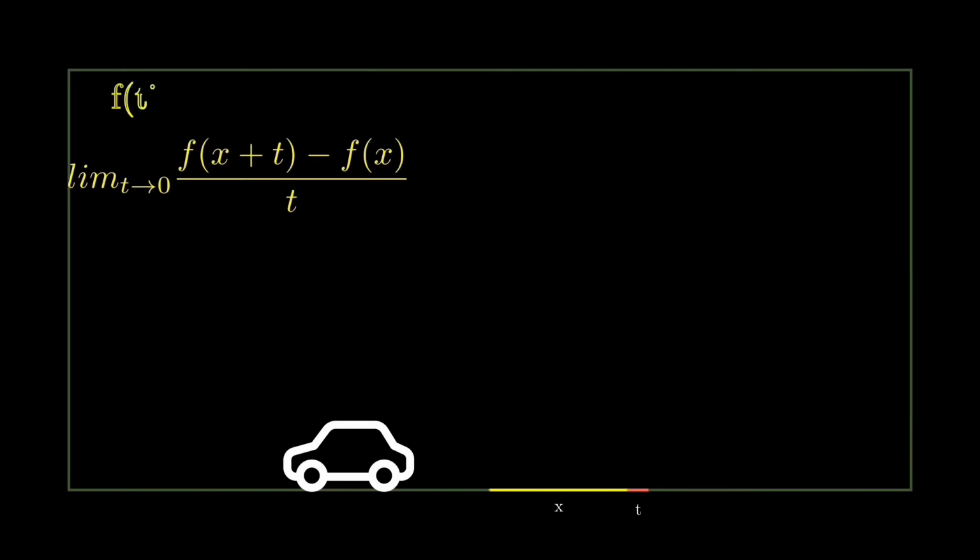Now if we take a function which takes time as input and gives distance as output, here the numerator gives the distance in the interval of t seconds, and if we divide it by t, then it gives the average speed in the interval of t seconds. Here t tends to 0, so it gives the speed after x seconds, that is the instant speed after x seconds.